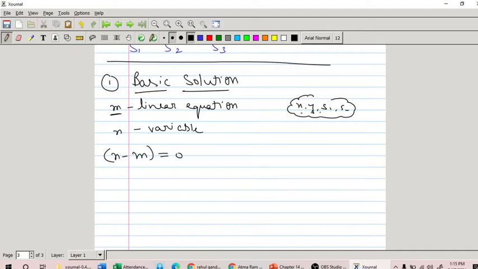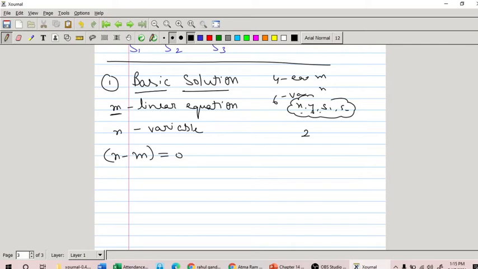So, how many number of these variables? So, we will try that if there are 5 linear equations and there are 10 variables, we try to put 5 variables equal to 0. I hope you are getting this point, that if we have 4 equations, 6 variables, so this is m, this is n, n minus m will give you 2.